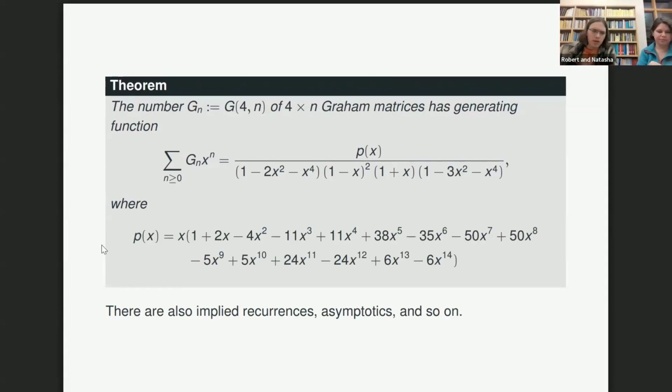We don't think there's much combinatorial significance to the numbers here. Some of them are positive, some of them are negative, but in any event, it gives you the right numbers for the matrices, and that's what we really care about. So from this, of course, you can get terms of the sequence much faster than by brute force. There are implied recurrences. There are asymptotics that are not so hard to work out.